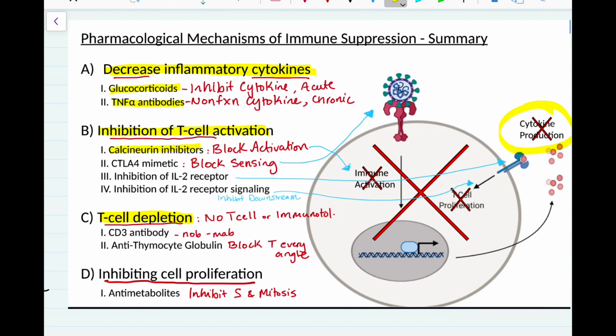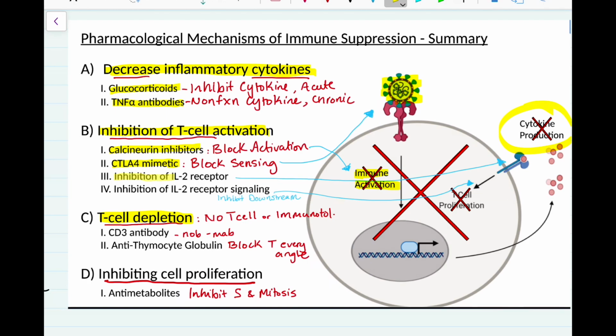So after immune sensing, we have the immune activation, and if we inhibit the immune activation, we don't get transcription, and then we don't get cytokines or T cells. Number two, we have CTLA4 mimetics, and these block step one, which is sensing up top. So if you block sensing, basically there's no immune response at all.